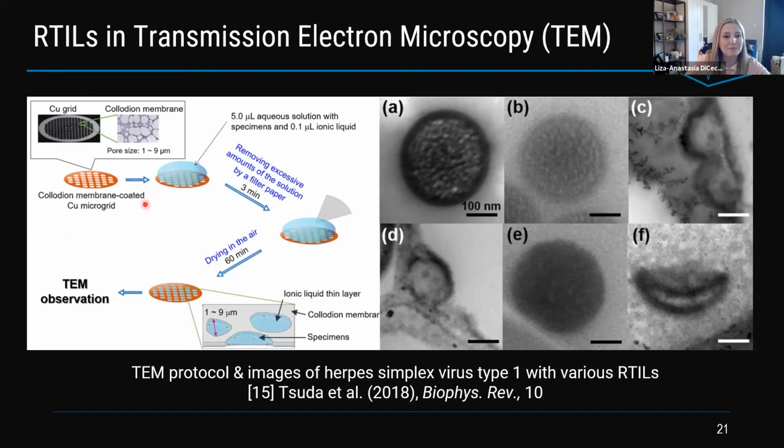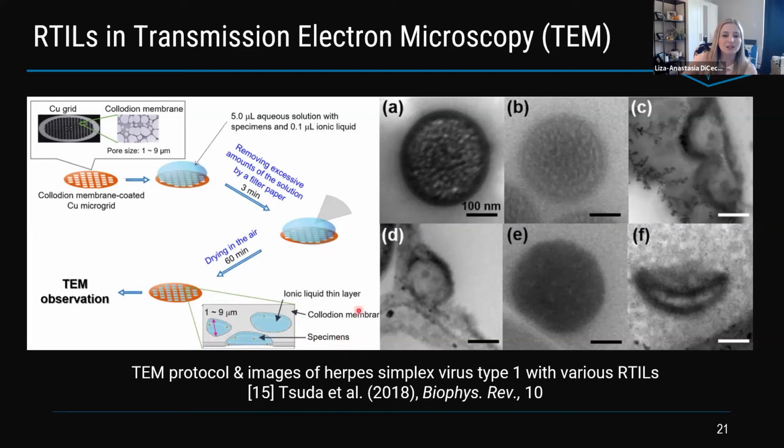They have the membrane, they deposit a liquid solution and let it rest. This liquid solution contains their colloidal specimens and a little bit of ionic liquid. Then the samples get in the holes of this colloidal membrane, and then they remove excess solution and dry, and they put it directly in their TEM. The idea here is these holes in their TEM grid end up collecting the liquid with the specimens.